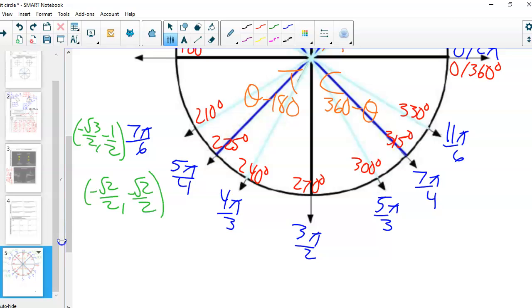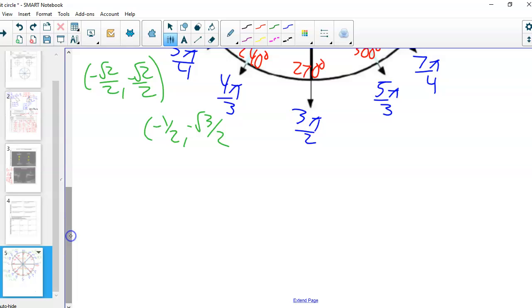For 240, 240 minus 180, we're looking at 60, except both are negative again. And then this is 0, negative 1.